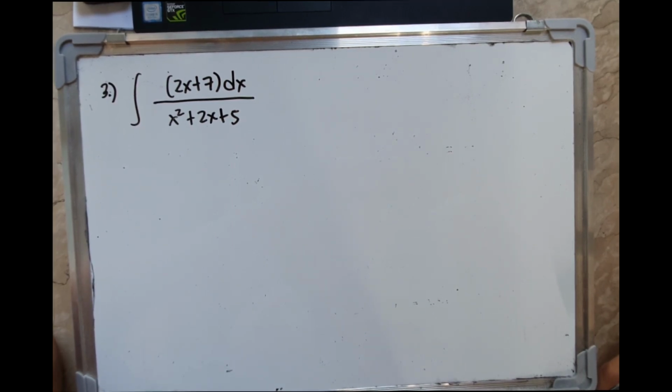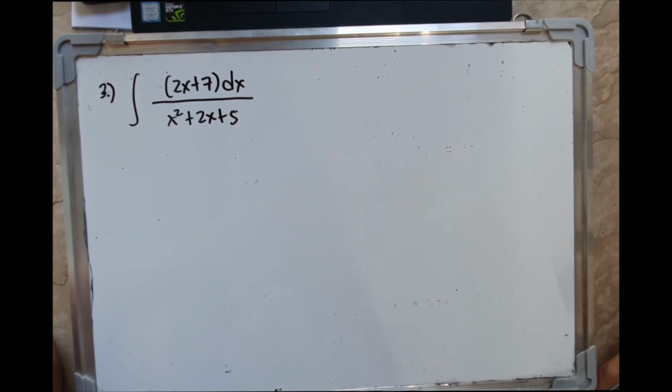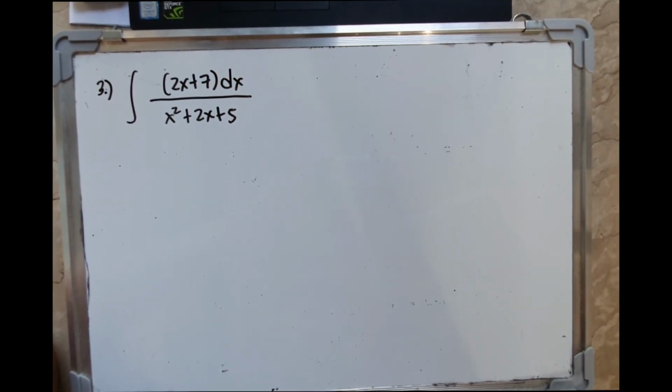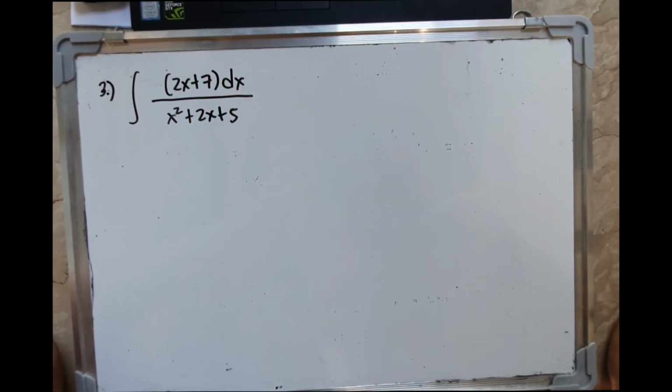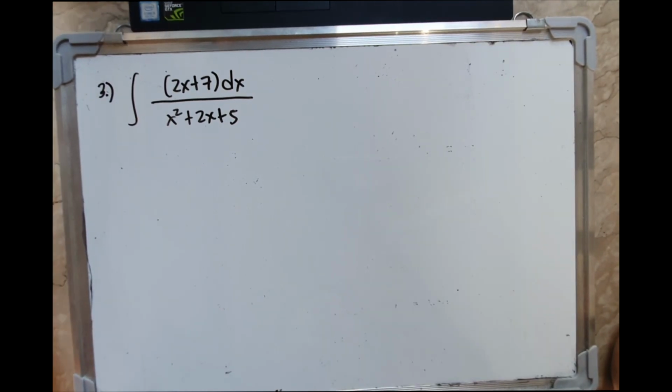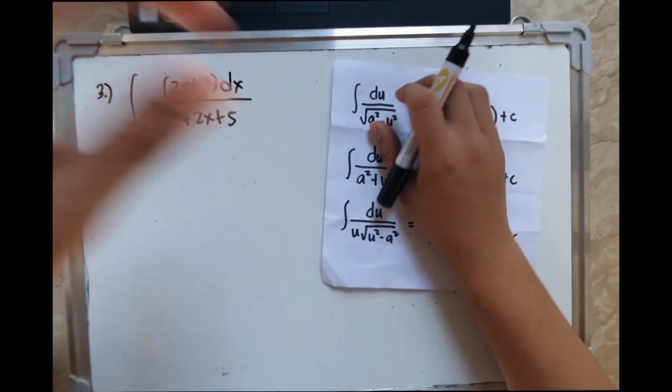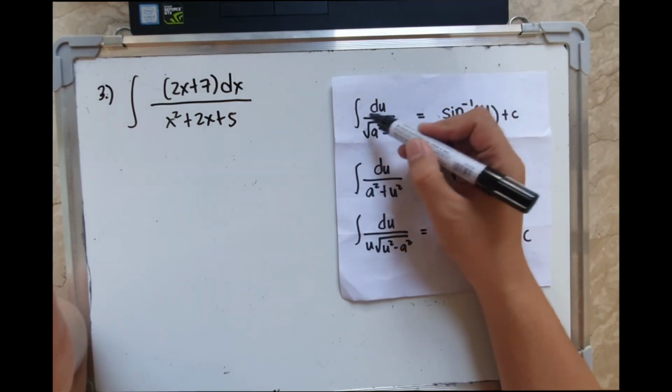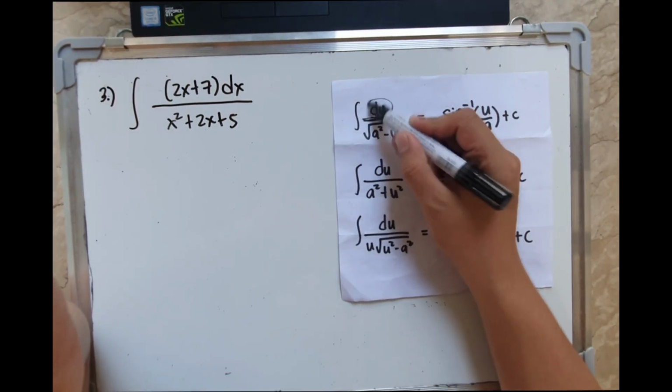Now let's solve number 3, the integral of (2x plus 7) dx over x squared plus 2x plus 5. So what are we going to do with this one? First, notice that in most of our formulas, the numerator will just be du.